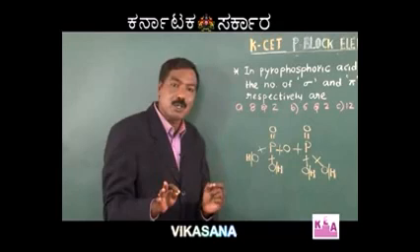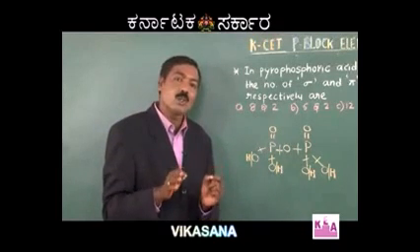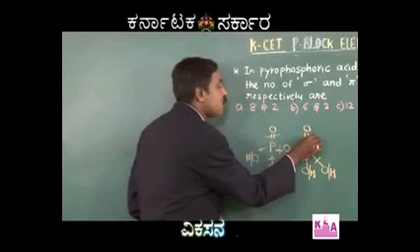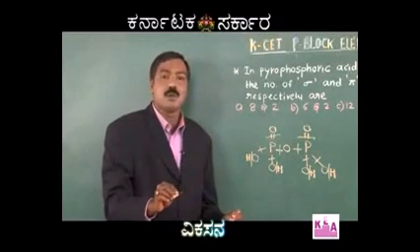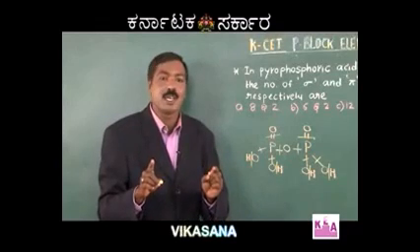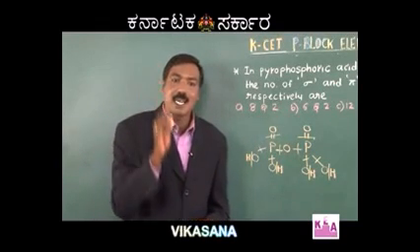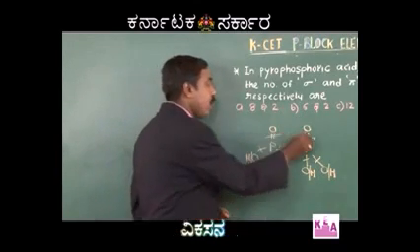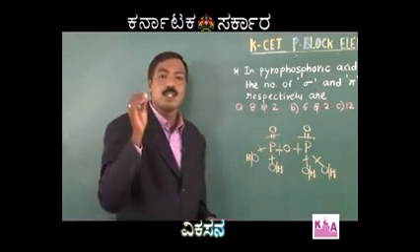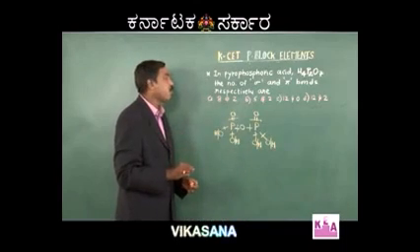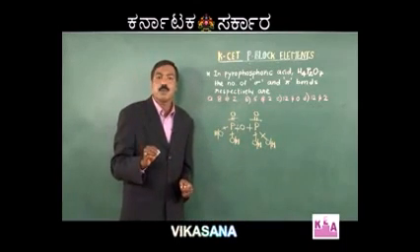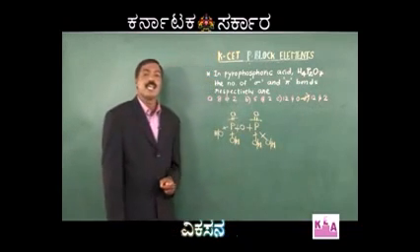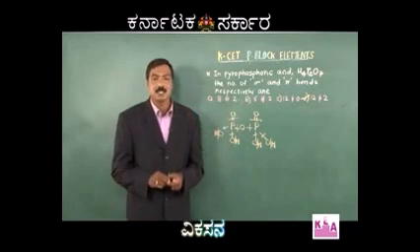You have got 10 sigma bonds. A double bond will also be accompanied by a pi bond along with a sigma bond. 10, 11, 12. Total number of sigma bonds that I have is 12. Wherever there is a double bond, it should necessarily have a pi bond. There are 2 double bonds, so there are 2 pi bonds present in it. Therefore, the correct answer for this is option D, 12 and 2. Hope you have understood this.